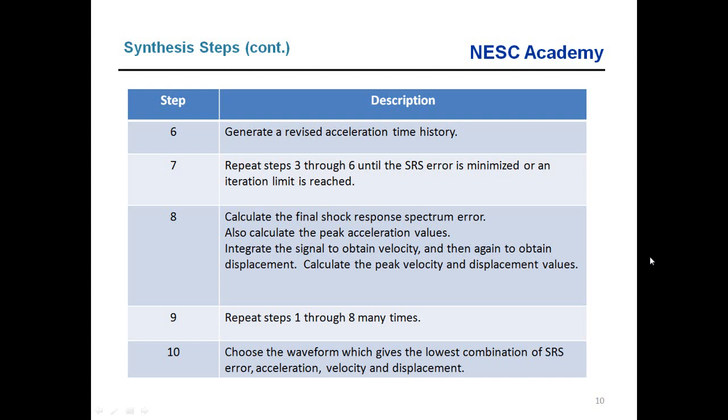And then we go through a ranking process to rank these waveforms in terms of their SRS error, the 2 error parameters, as well as the 3 amplitude metric parameters. Then we choose the one that gives us the best overall rank in terms of those parameters. And we are using those weighting factors as we make that selection.